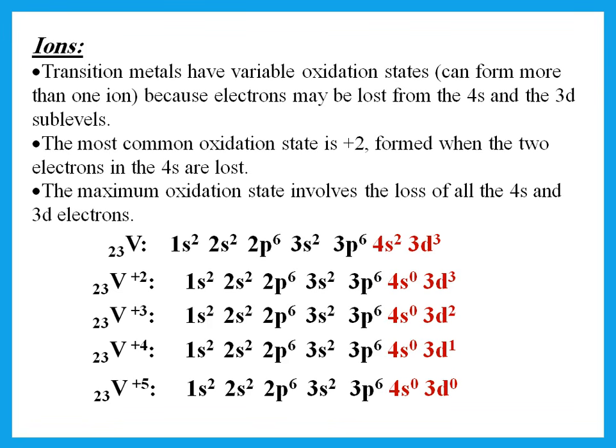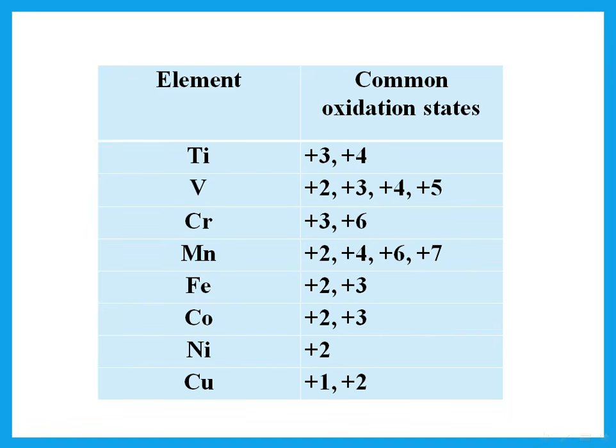So the lowest oxidation state for most of these elements is +2, and then we remove 1 each from the 3d until we have removed all of them. So the maximum for vanadium is when I have removed 2 from the 4s and the 3 from the 3d. So the maximum oxidation state is +5. So for each of these elements, you can determine the most common oxidation states.